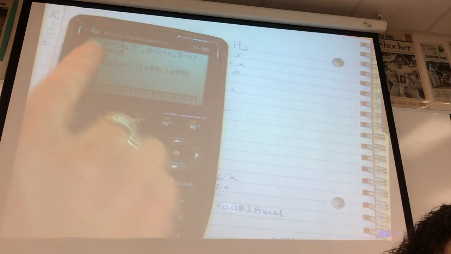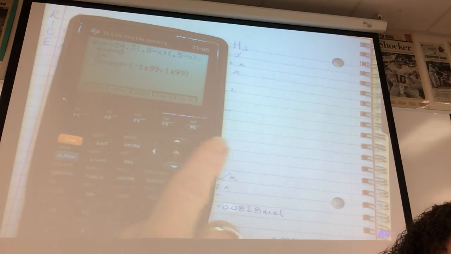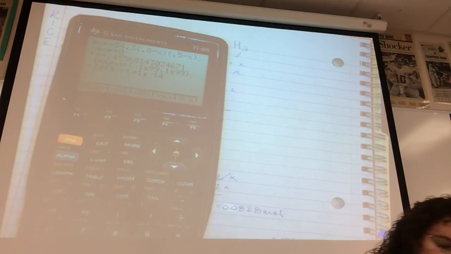My expression is going to be 0, and the x is what I'm going to solve, and it takes a minute to crank it out, and my x is 0.456.